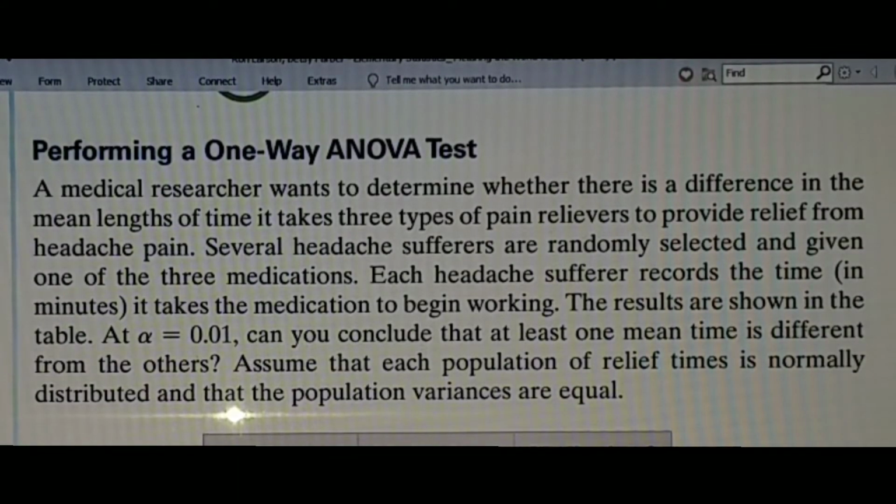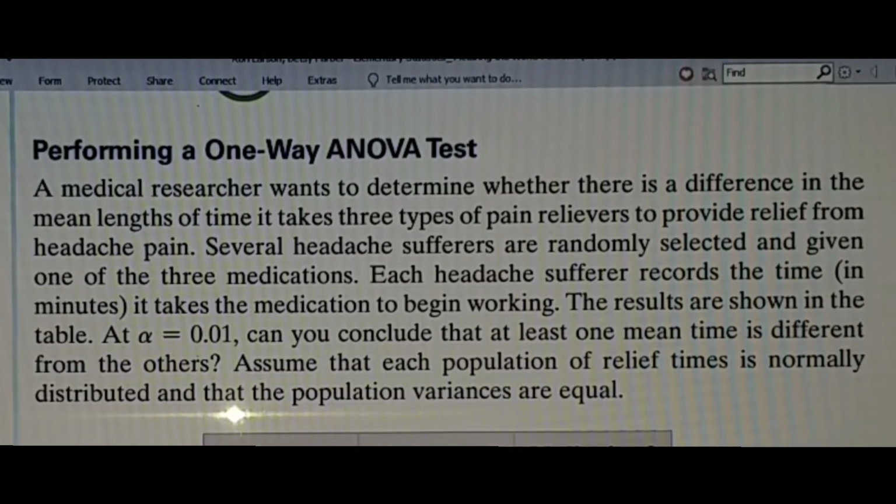Okay, so let's have this example. A medical researcher wants to determine whether there is a difference in the mean length of time it takes 3 types of pain relievers to provide relief from headache pain. Several headache sufferers are randomly selected and given one of the 3 medications.